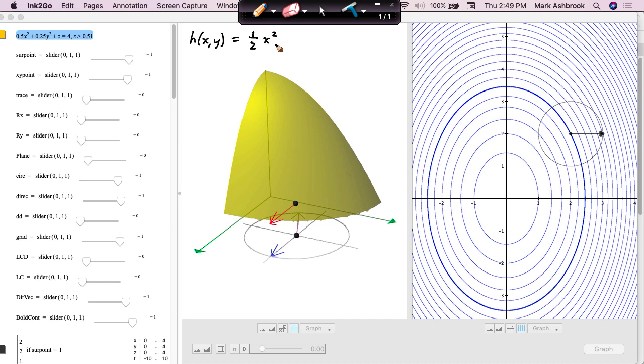Oh, thank you, that would be helpful. So negative 1/2 x squared minus 1/4 y squared plus 4. Yeah, it's over here, I'm just having trouble reading it. Okay, so that's what we got.